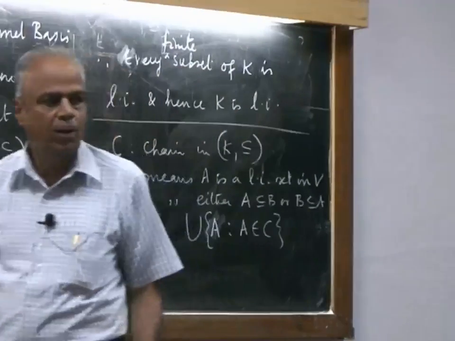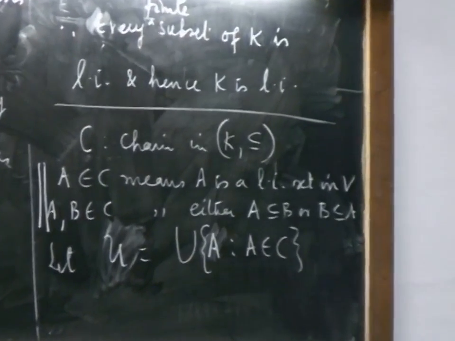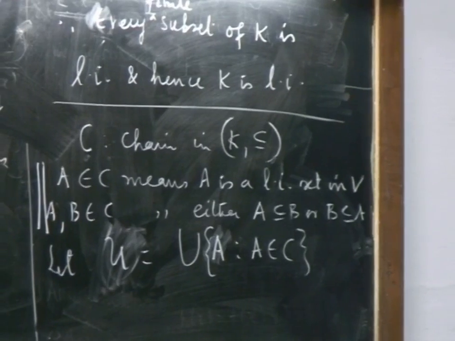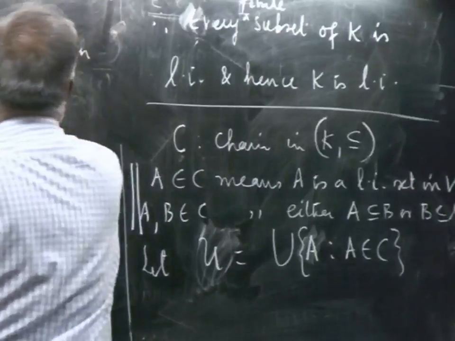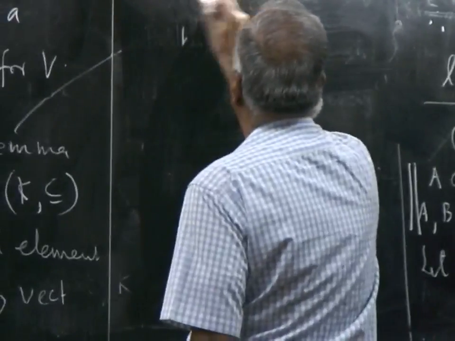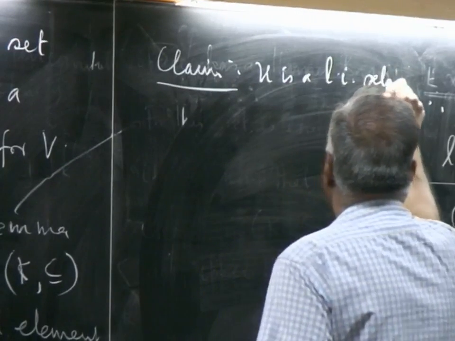Take the union of all the sets that form the chain, where each one is contained in the other. Now I claim that U is a linearly independent set.